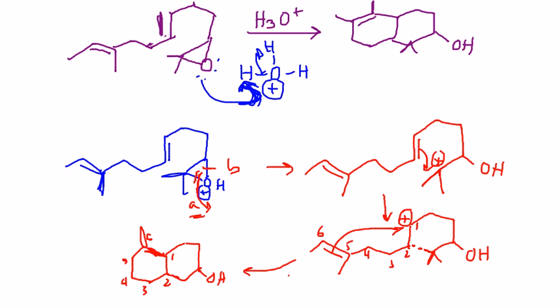So 6 had a methyl and 5 had a methyl as well. And we have a positive charge then, since 5 will be the one which ultimately lost the electron. That's what you get.